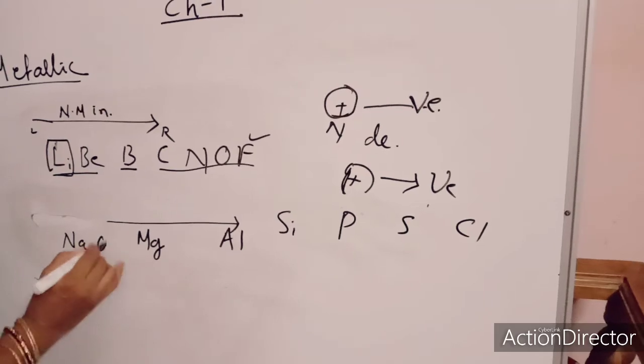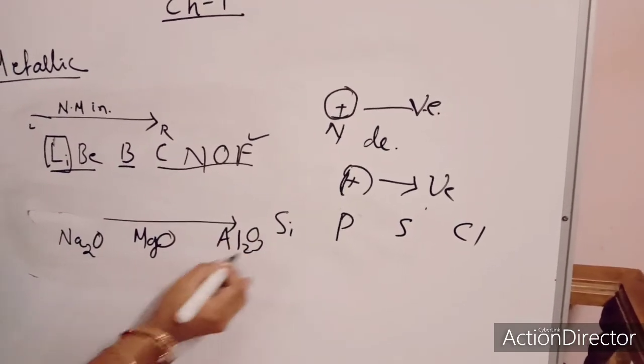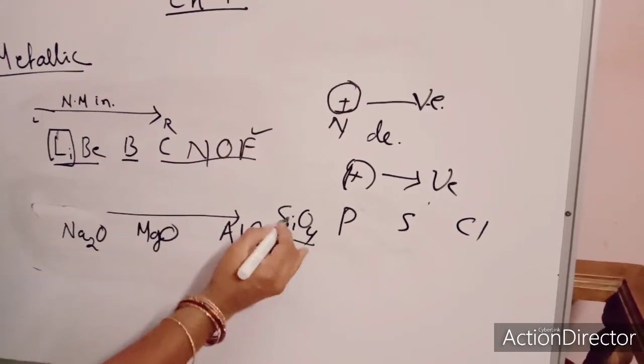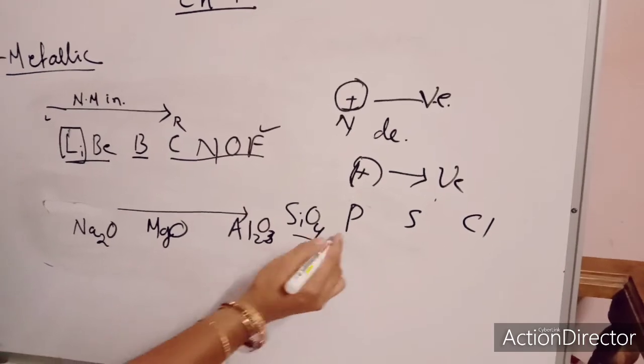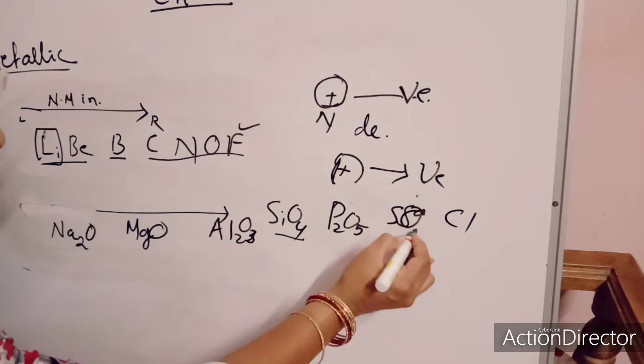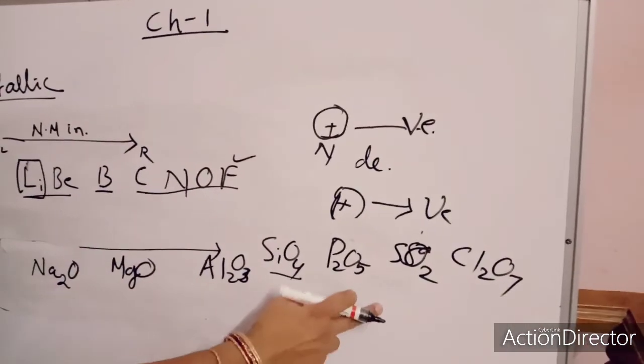The oxides are Al2O3, SiO2, P2O5, SO2, Cl2O7. These are the corresponding oxides.